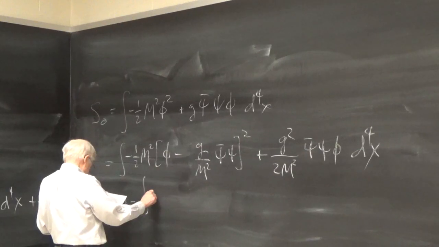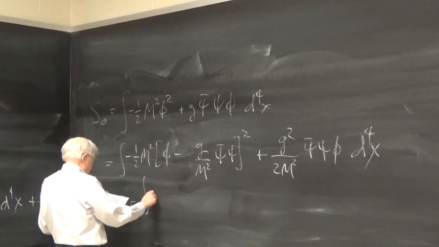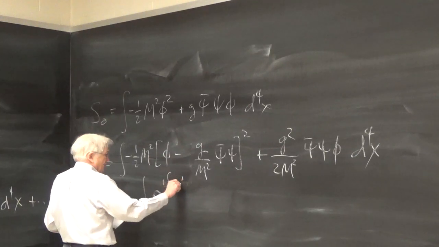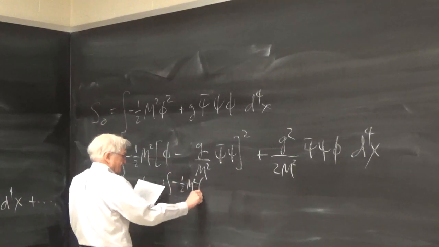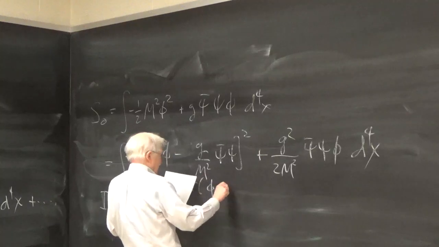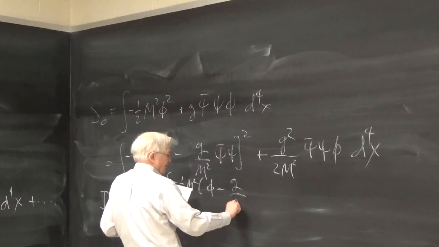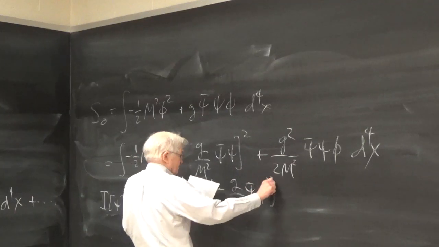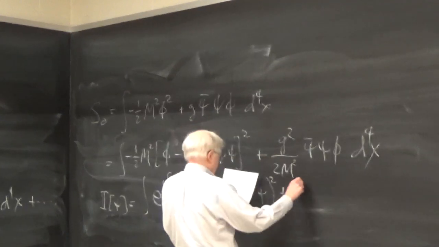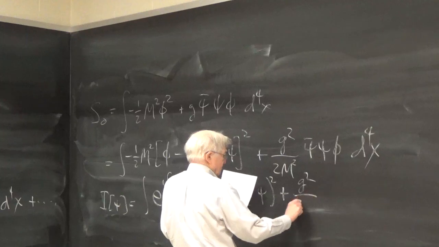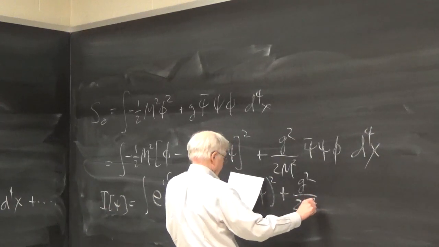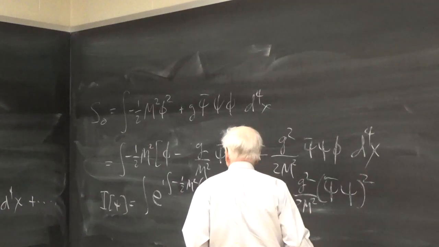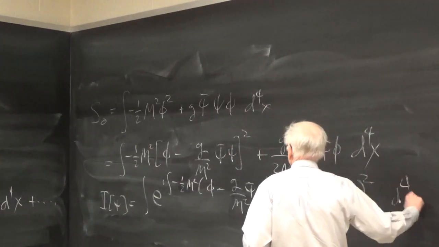Let's see, do I write it as, yeah, that's right. Okay, so this is e to the i integral of minus a half M squared times φ minus g over M squared ψ bar ψ, squared, plus g squared over 2M squared ψ bar ψ, squared, d4x.